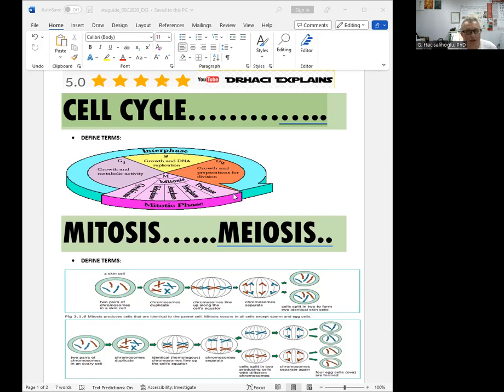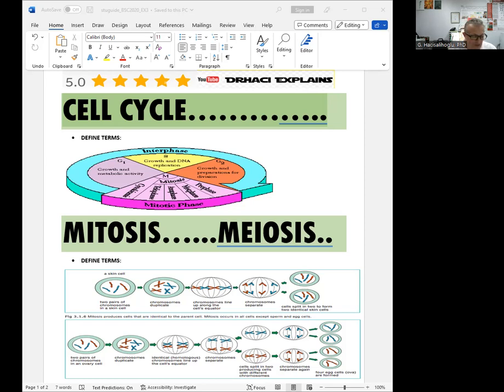So cell division is important. Why is it essential? For perpetuation of life, development, growth, and repair of multicellular organisms, but also it provides for reproduction of unicellular organisms.